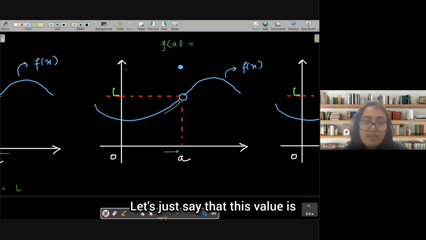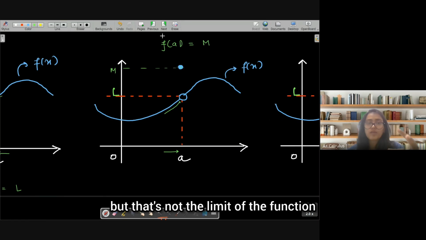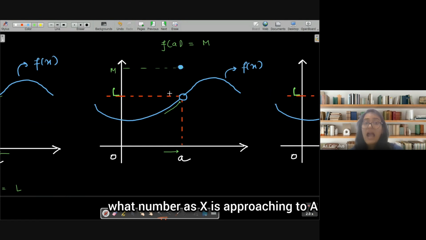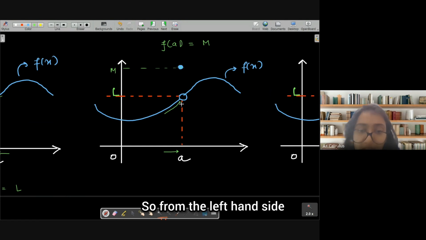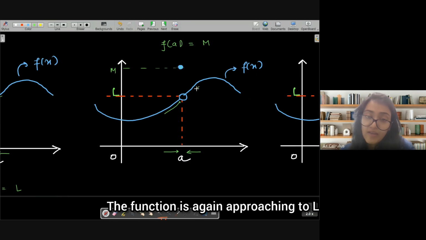Let's just say that this value is m. So the value of the function at a is m, but that's not the limit of the function. Limit means that f of x is approaching what number as x is approaching a. From the left-hand side, f of x is approaching L, and as x approaches a from the right side, the function is again approaching L.